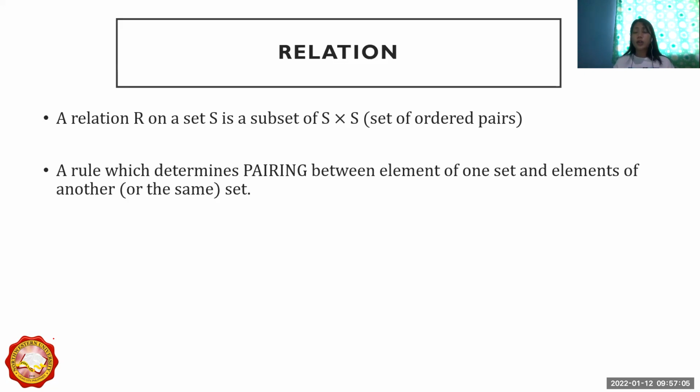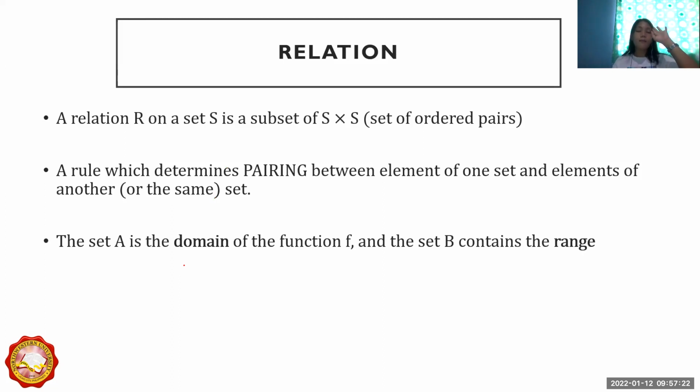Also, relation is considered as a pairing between elements of one set to the other, which is what we're doing kanina. We're mapping the elements of set A to the elements of set B. And just a note, the first set, set A, will be your domain, and the set B, or the second set, would be your range.